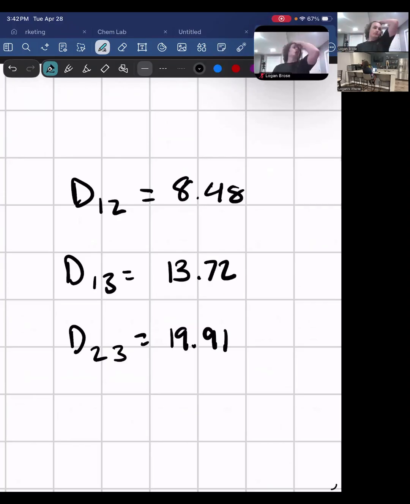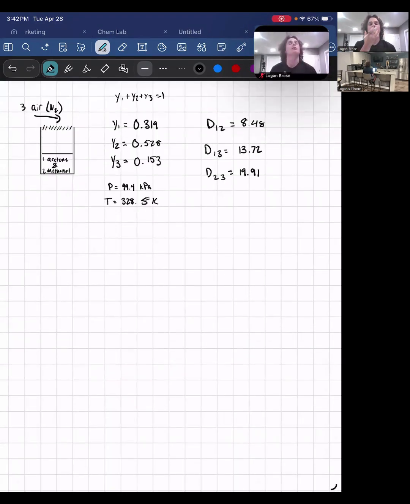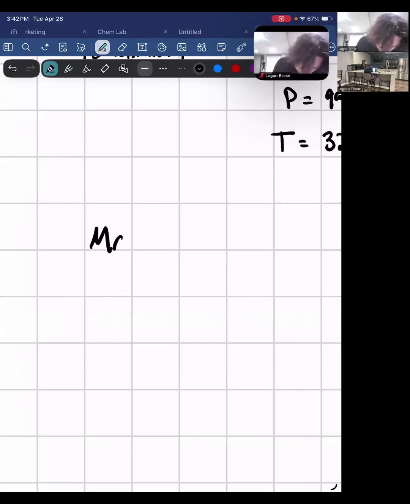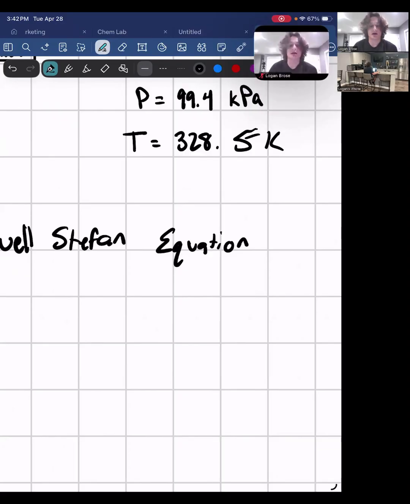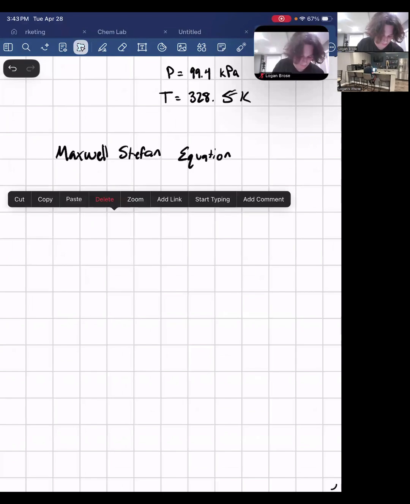Okay, so what we're trying to do is find the evaporation coefficient, right? So what we need to do is use the equation that we used in homework 3, part D, I believe, which was the Maxwell-Stefan equation, right?